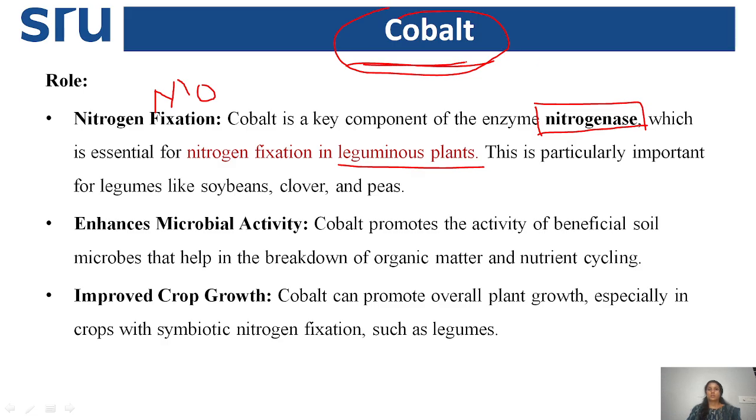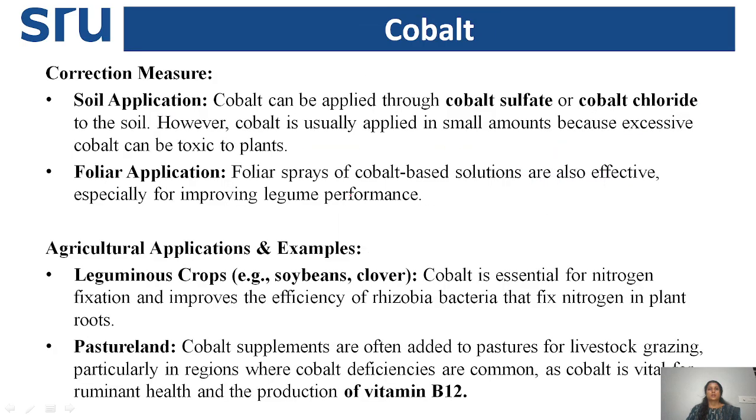In the absence of cobalt, it will directly affect the biological nitrogen fixation of leguminous plants, and it also enhances the microbial activity in the rhizosphere and improves crop growth. These are the common symptoms, but the specific role of cobalt is in nitrogenase. So cobalt is a beneficial element for leguminous plants, not for all. In leguminous plants it is highly beneficial.